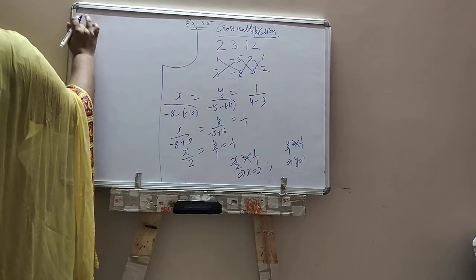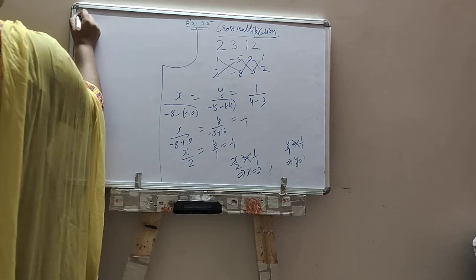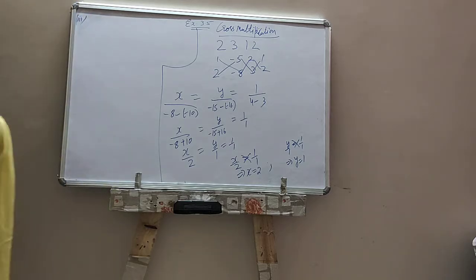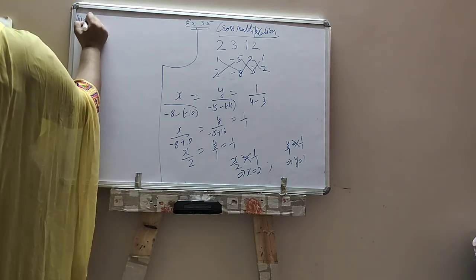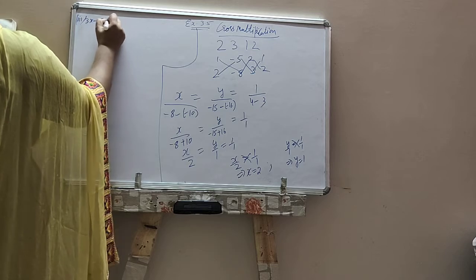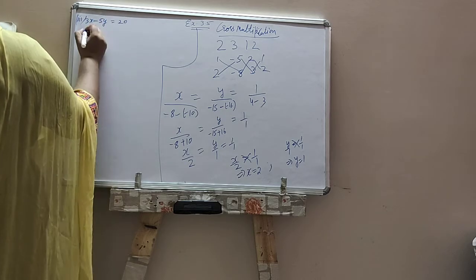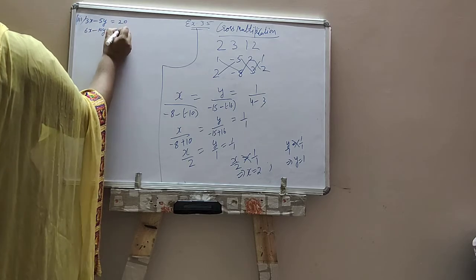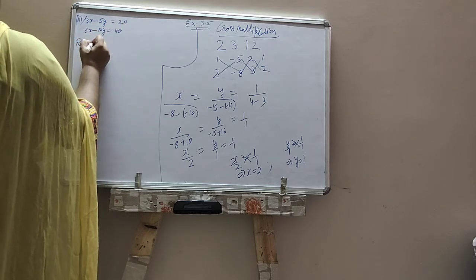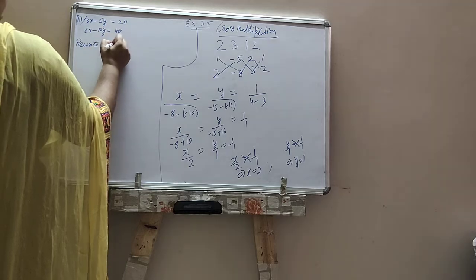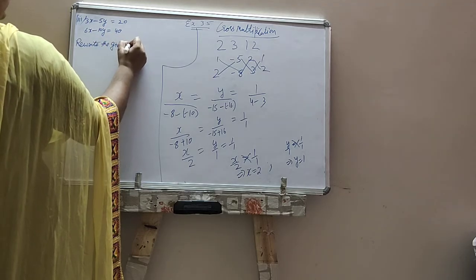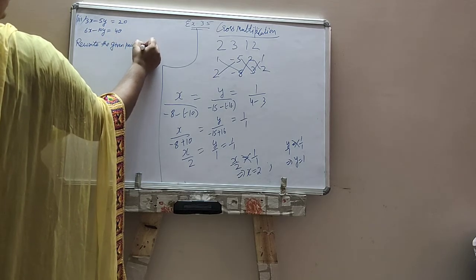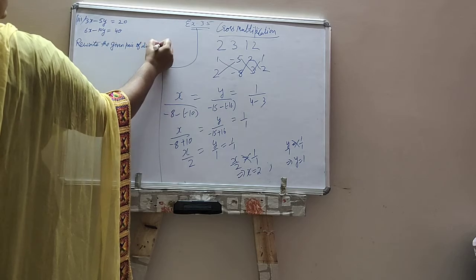3.5. Question third, part third, first question. The statement is 3x minus 5y equals to 20, 6x minus 10y equals to 40. Rewrite the given pair of linear equation.